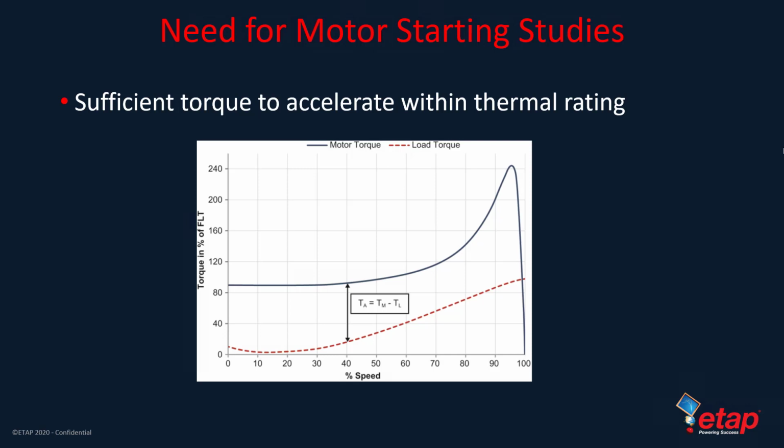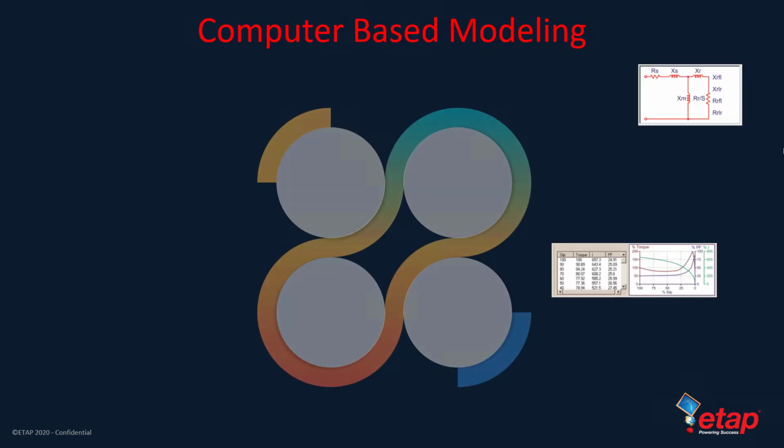However, if these two were to cross, so if the load torque was actually greater than the motor torque, then the motor will not start, and we need to look into either proposing a soft starter or partially loading the motor as it begins to accelerate. So we're going to go over examples on that.